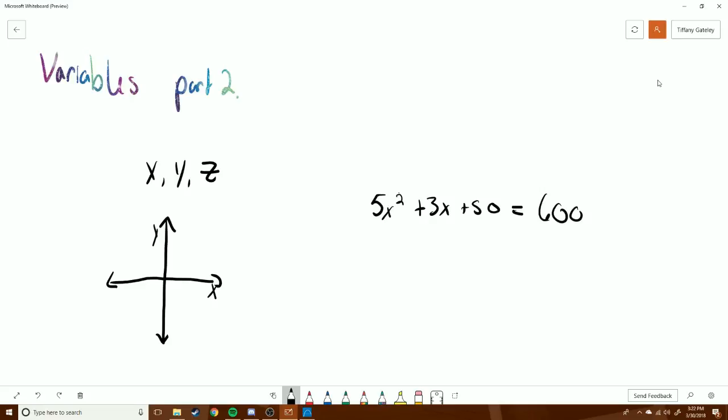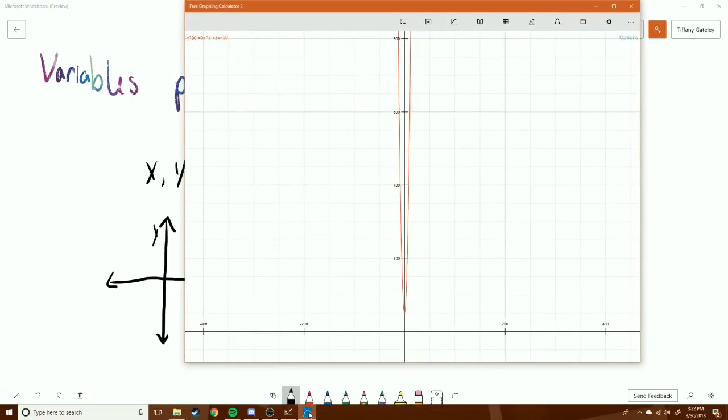Well, if you put this in your graphing calculator and you graph this equation right here, which I already have graphed, you'll get a graph that looks like this, and you can adjust your window to make it look better. I'm just going to leave it like this.